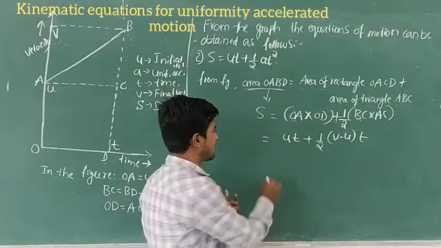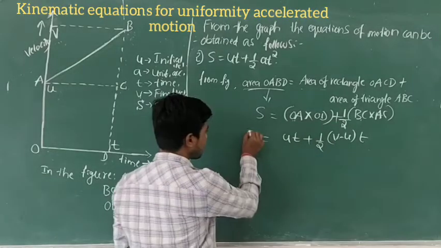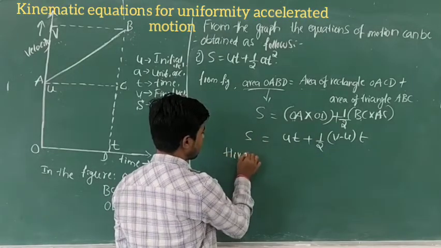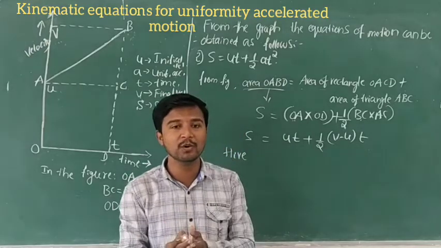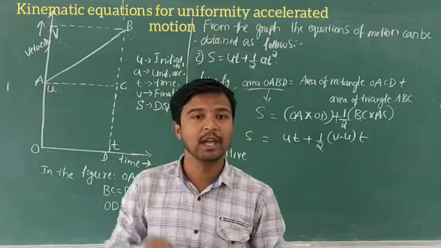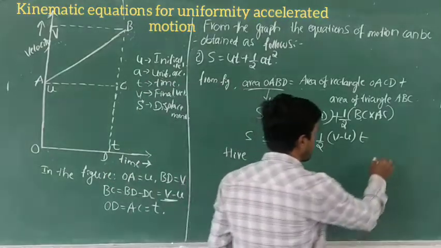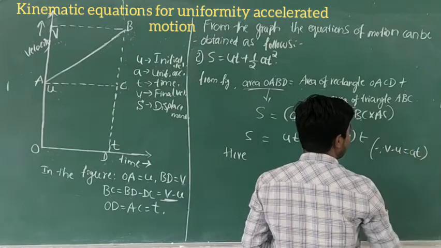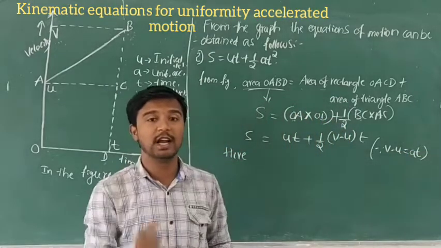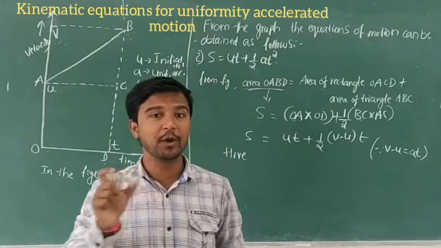Now next. V minus U is nothing but 80, from the earlier equation. I will write here V minus U equal to 80 from the first relation, V equal to U plus 80.